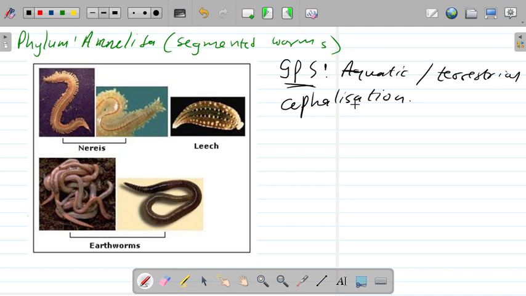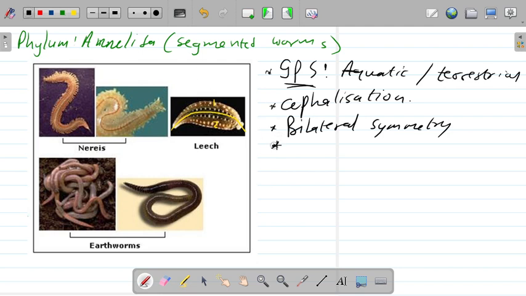Then they are just like the previous worms, bilaterally symmetrical. If I cut this leech right over here, from the dorsal to the anterior part, I'll have segment 1 and segment 2. Those are two identical segments.